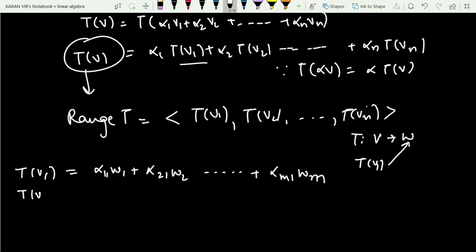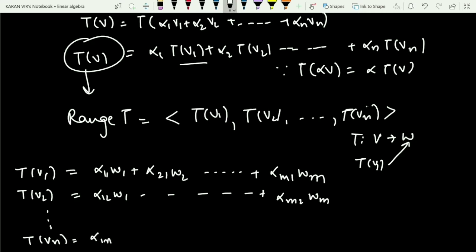Similarly, if we calculate T of v2, this will be alpha12 w1 and so on to alpha m2 wm. And similarly, if we calculate T of vn, it will be alpha1n w1 and so on, and the last entry will be alpha mn wm, correct?